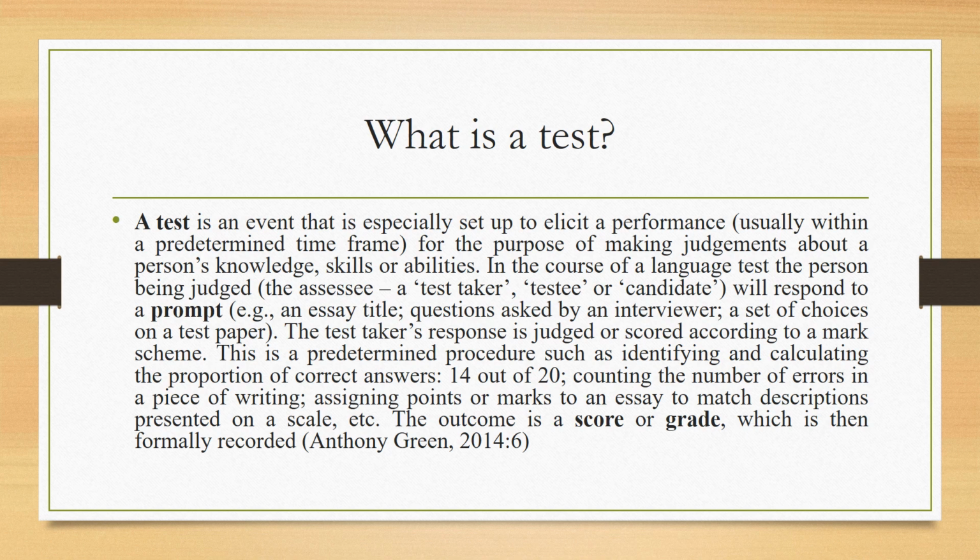So this definition describes for us in detail the test and the procedure that we follow in testing our students. As we said, this is the last definition that we are going to have for testing.